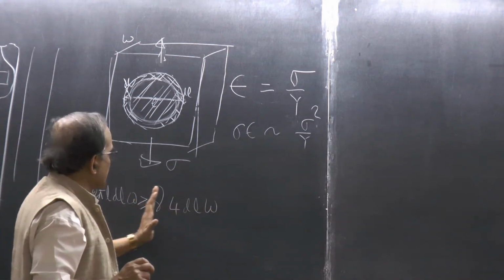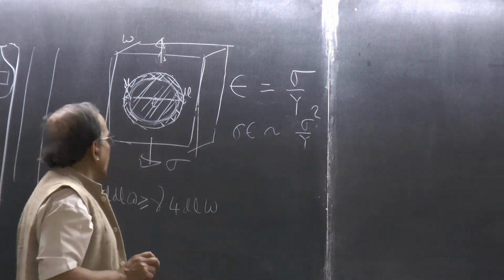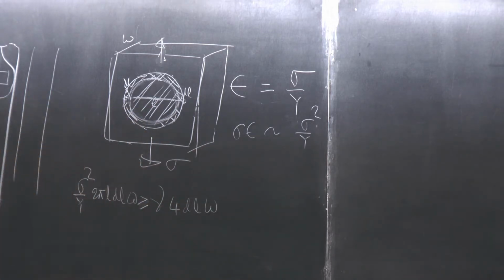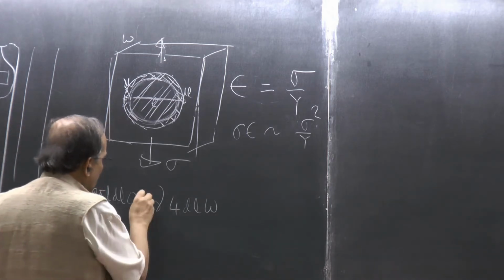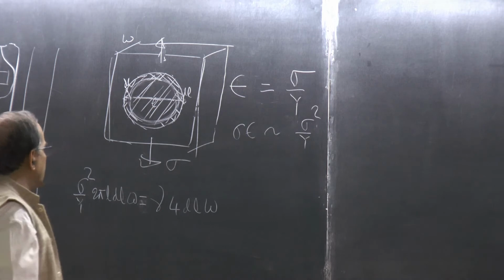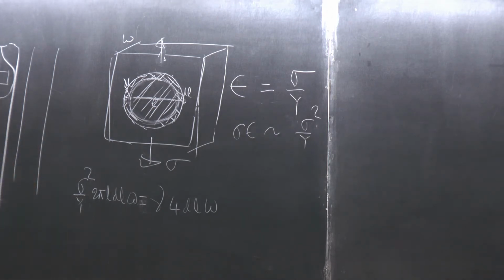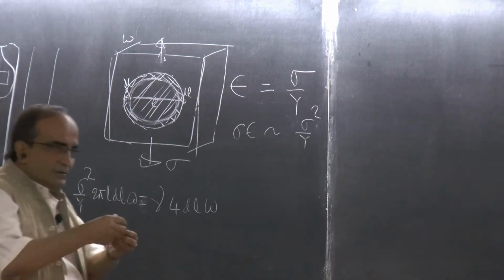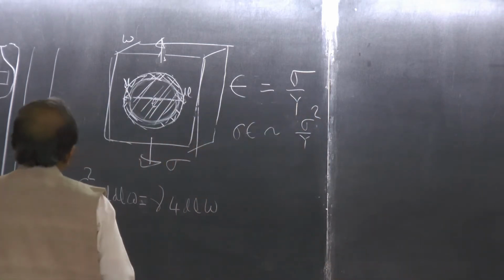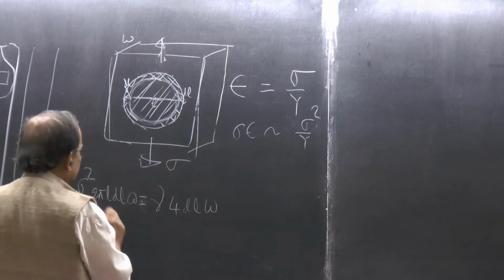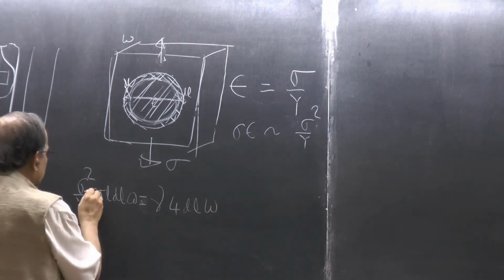If it has an extra, then there would be a crack growth velocity. I will come to that later. So for minimum propagation with some non-zero velocity for the crack to grow, you need this, and that is the sigma c.